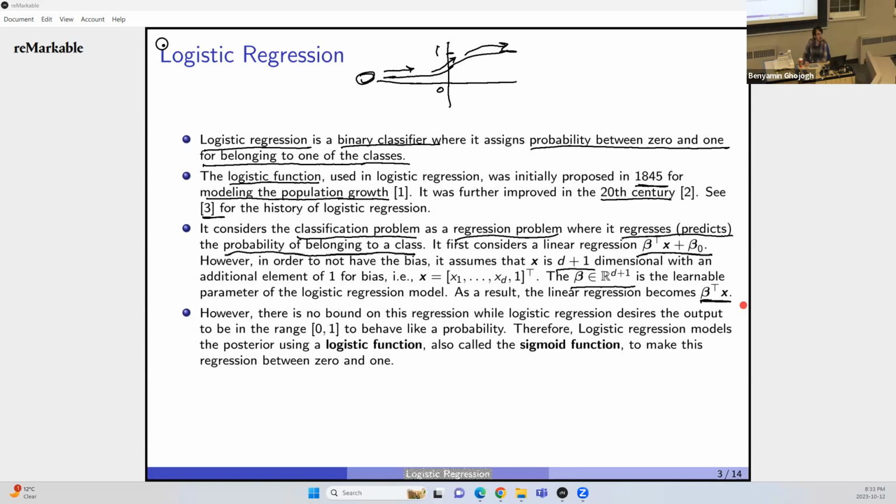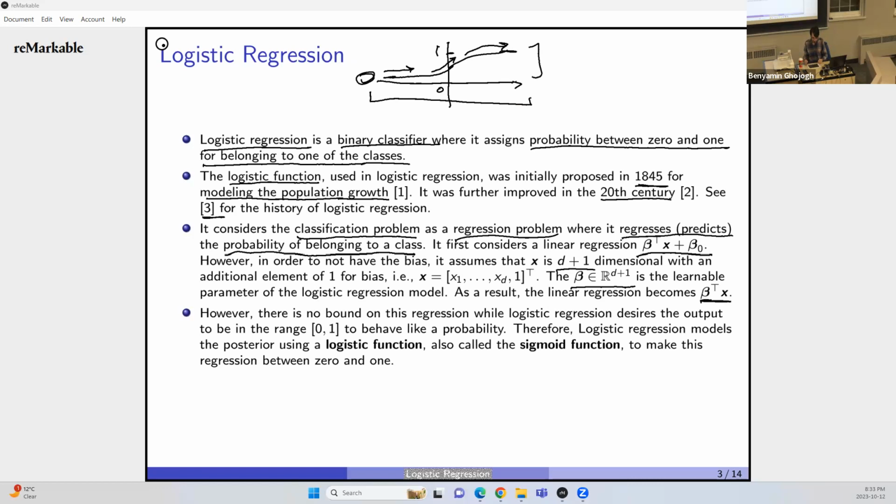The problem is that it can predict values between minus infinity and infinity, but I want the predictions to be between 0 and 1 because it needs to be a probability. So I need to somehow bound it. How do I bound it? I can use the logistic function. Why? Because this logistic function shown here maps minus infinity to infinity into the range between 0 and 1, right?